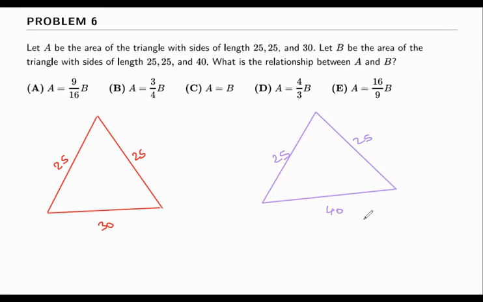In order for us to get the area of a triangle, there are a couple of ways, but the most basic one, let me just write, is the base length times height, and then divide this product by 2.